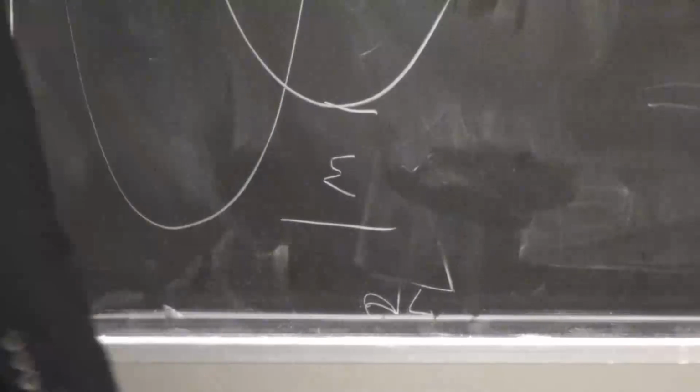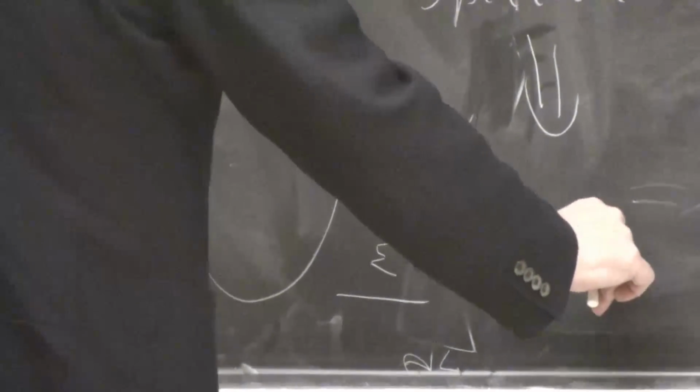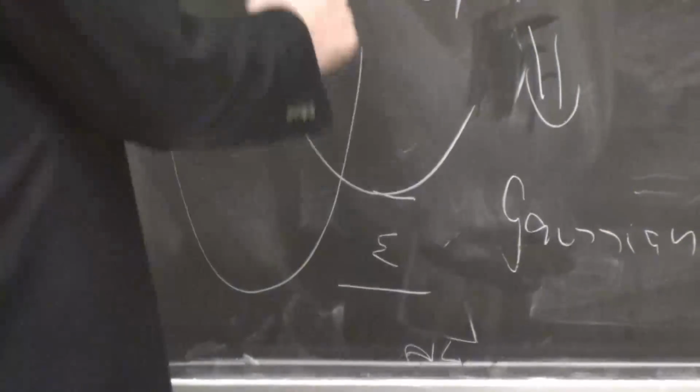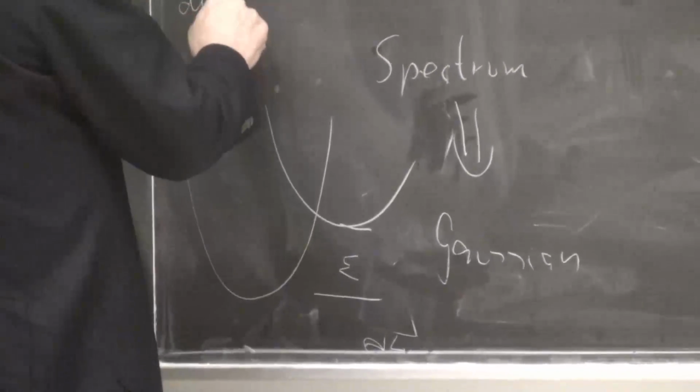And so then we replaced this one by a Gaussian that described actually that we had initially states here that were distributed.